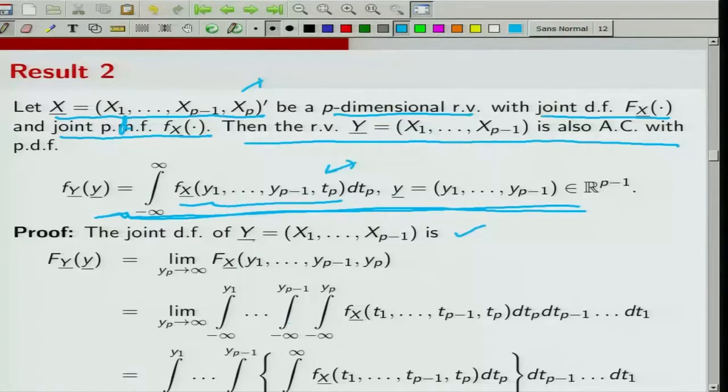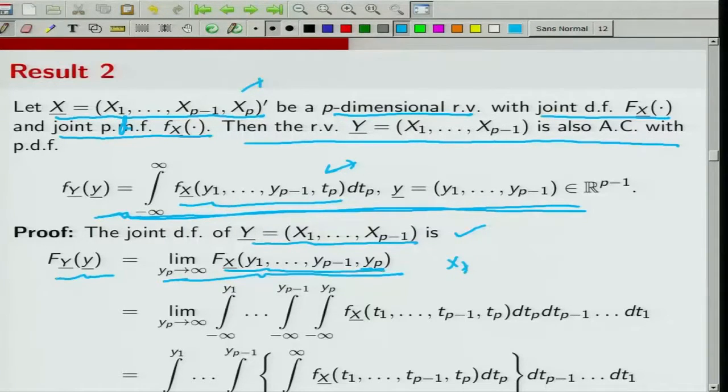I know that in the distribution function, if I take the unwanted variable to infinity, I get the marginal distribution function. So, since I have to get the marginal distribution function of X_1, X_2, ..., X_{p-1}, I take the argument of the random variable X_p to infinity. So, that is what I am doing.